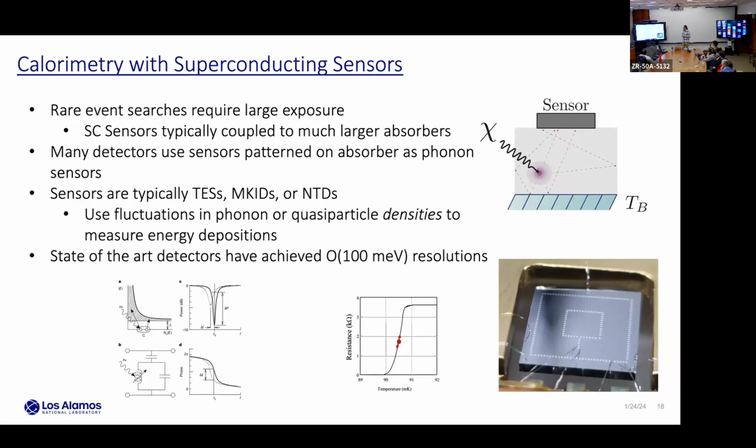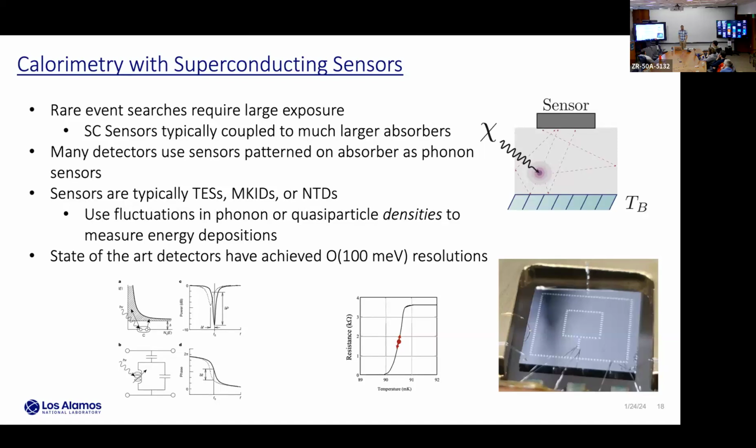So typically we take some larger substrate, large is relative here, say a few grams of material, pattern it with superconductors, and we measure the phonon signal that gets created in this material. So the heat signal, we measure that with the superconducting sensors on the surface of these.